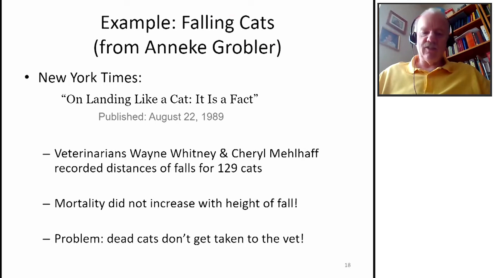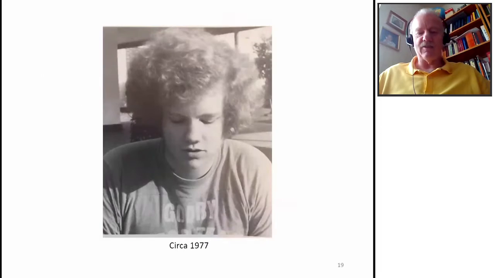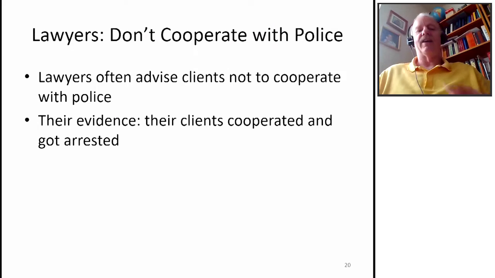Now, this next example is a little bit controversial because I'm going to bring a personal touch to this. This is me in about 1977. And so let me just give you some background. So I had had an argument with my girlfriend. I thought it was relatively minor, but apparently she didn't.